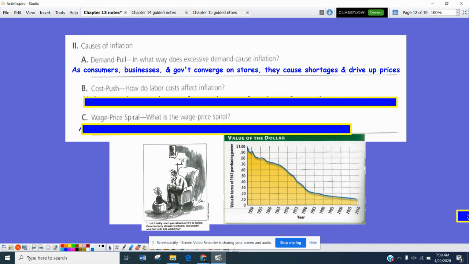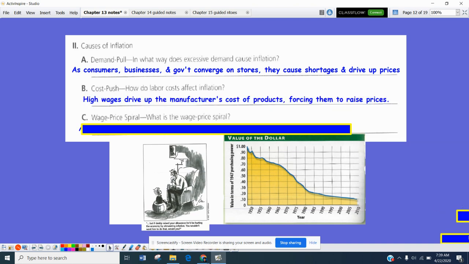There's also a cost push issue that we have to talk about. And so how do labor costs affect inflation? Higher wages will drive up manufacturing cost, and it forces people to raise prices. We've seen this in the last probably 5 years, when we've raised the minimum wage here in the United States.